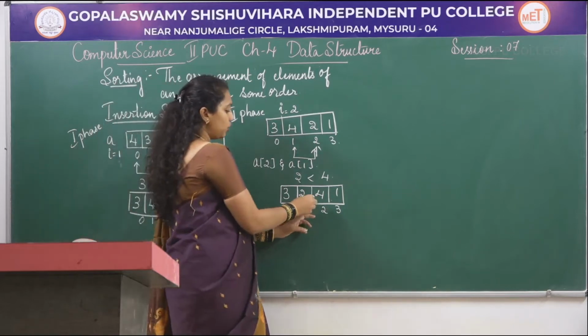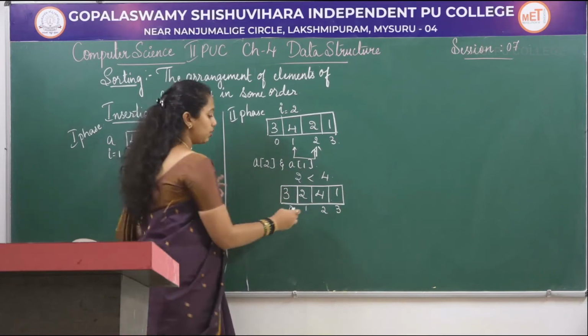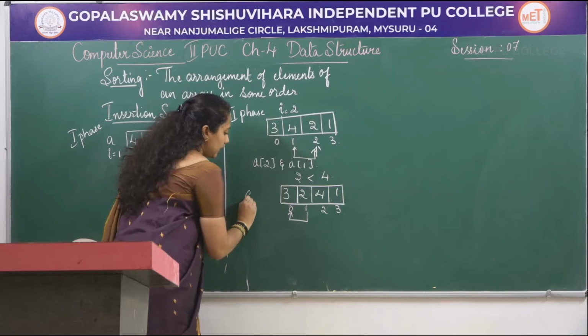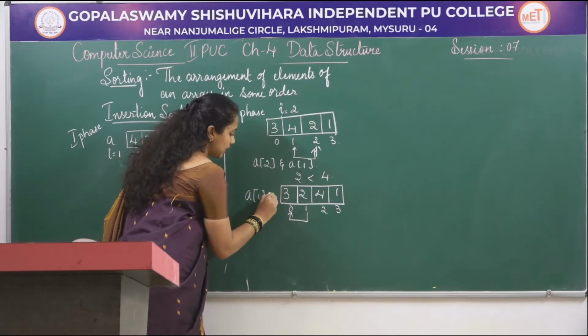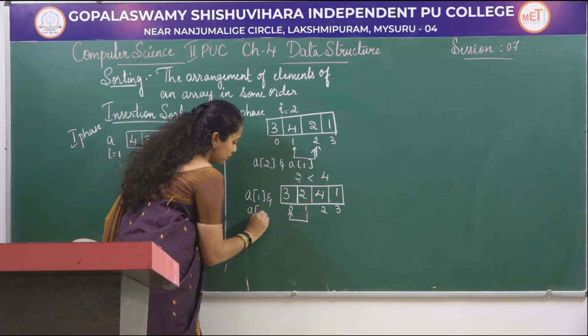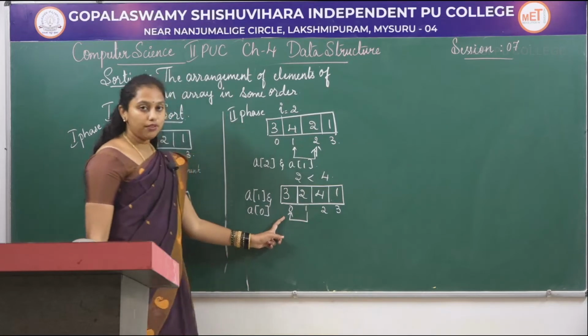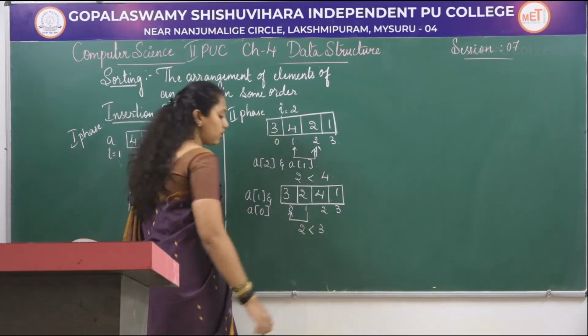As we have to compare with the left side elements, here also we are checking whether A of 1 is less than A of 0. So we are comparing the elements A of 1 and A of 0, that is, whether 2 is less than 3 or not.